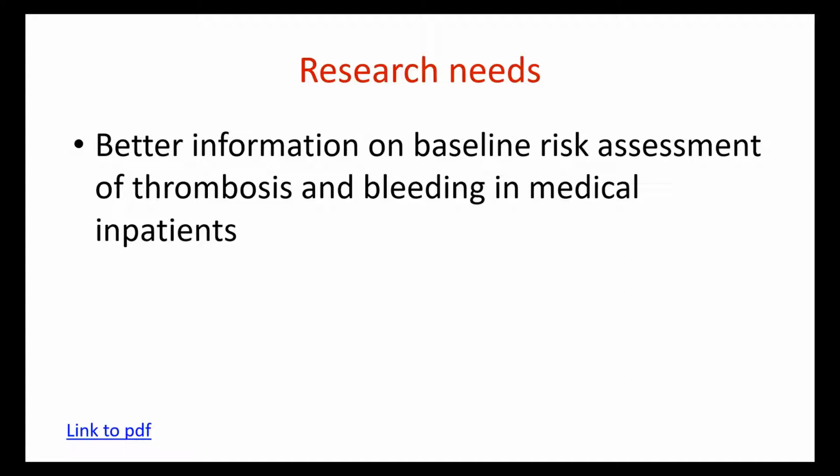Okay, so based on what we've actually shown, there are a number of research needs that we have identified. First of all, that we needed to better inform baseline risk assessments, these type of risk assessments both for thrombosis as well as bleeding in medical inpatients.